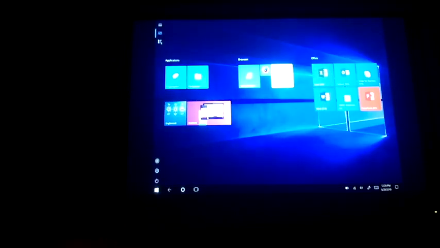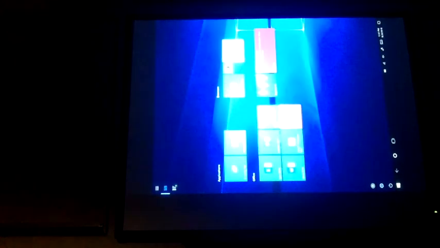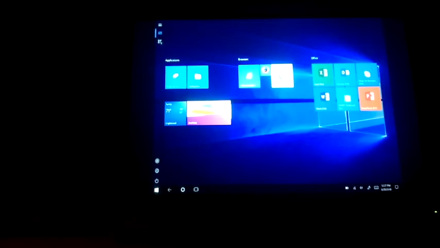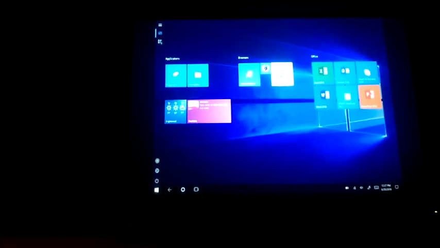Shoot. All right, I got to reattach my computer real quick, or my keyboard. I'm going to start breaking stuff here in a second.